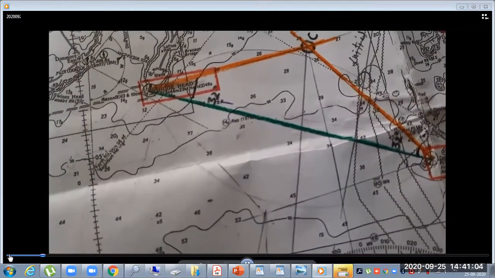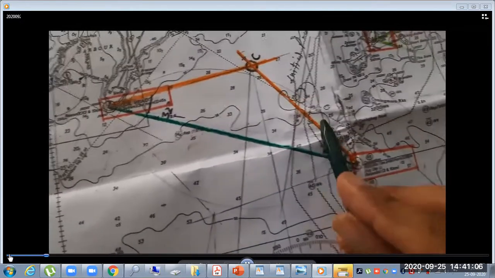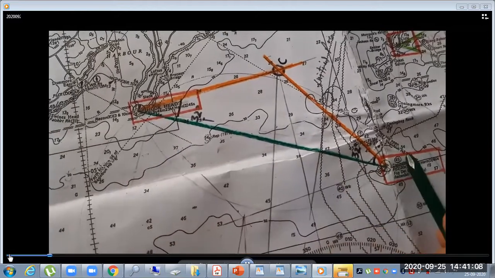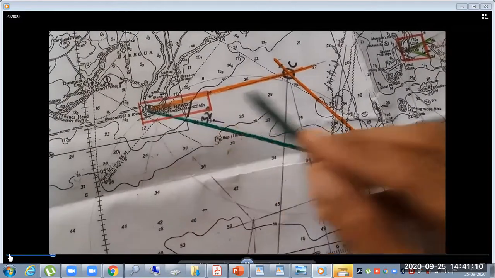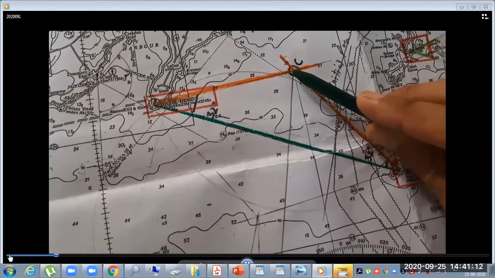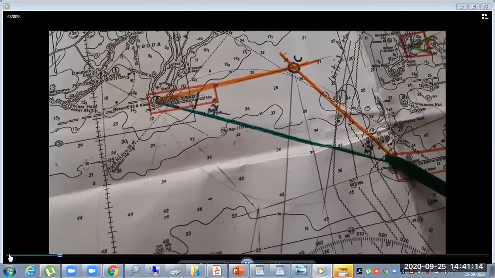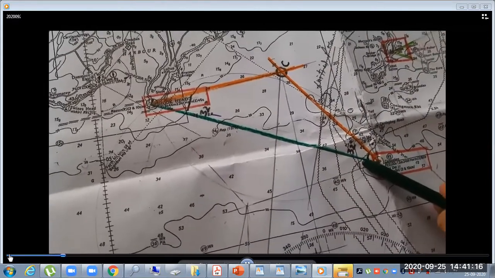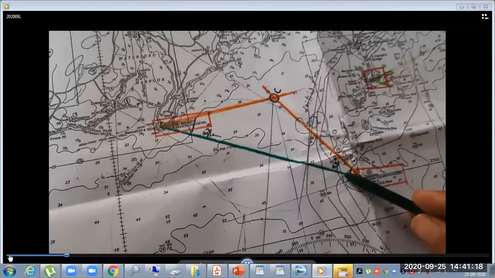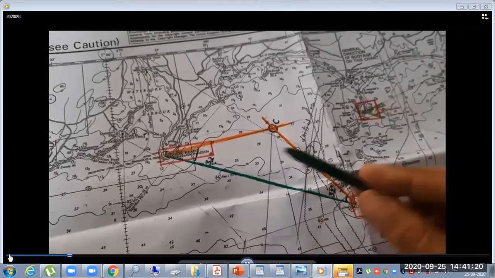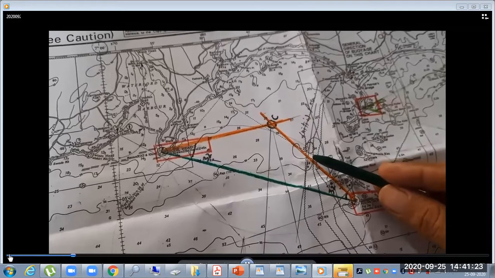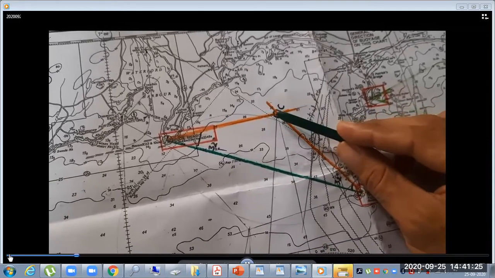We have joined this line and plotted 32 degrees, and we got this center. Because the angle was more than 90, we did theta minus 90, and this is our land side, so we have plotted opposite to the land side, and this is the center.